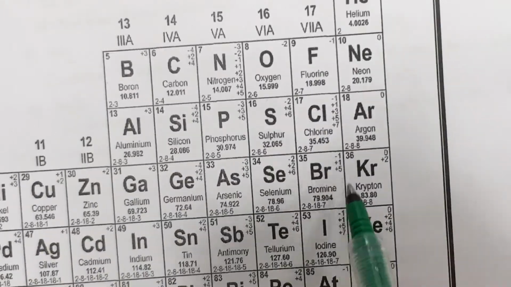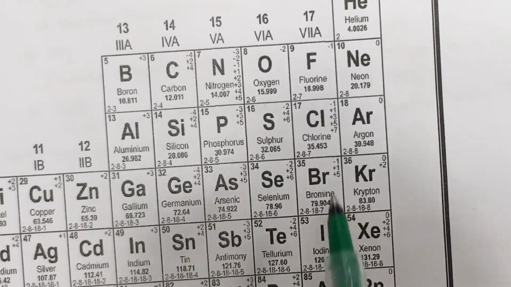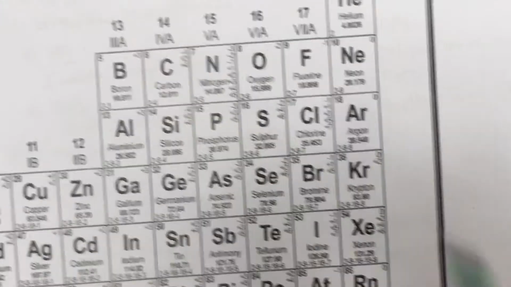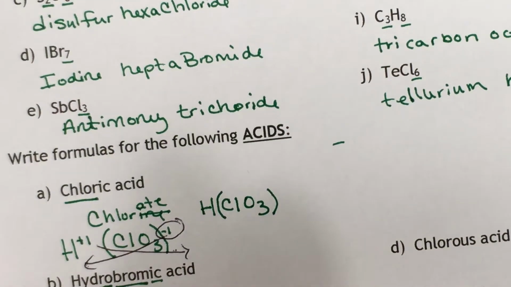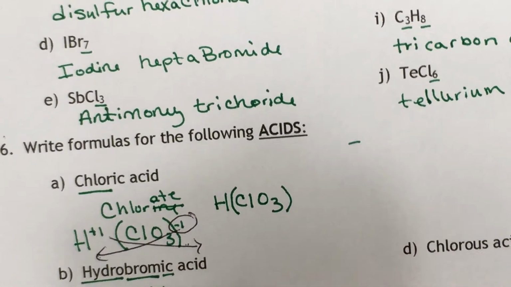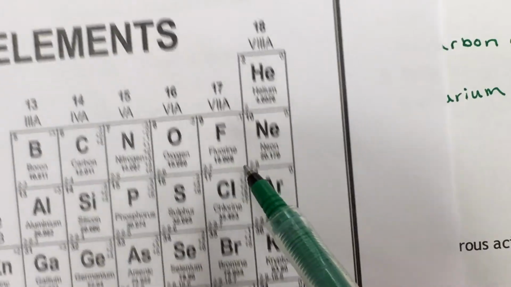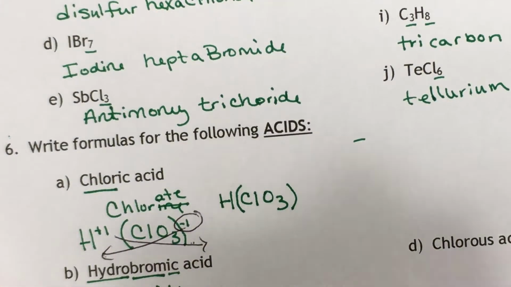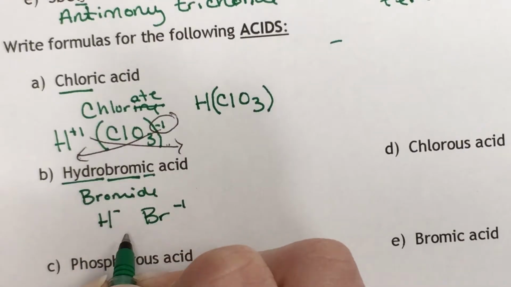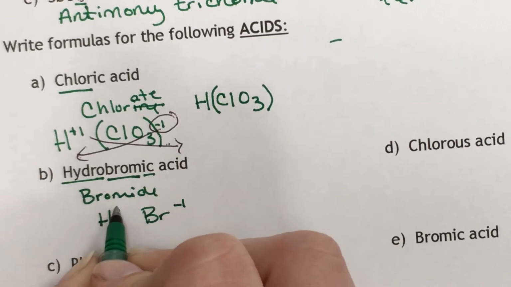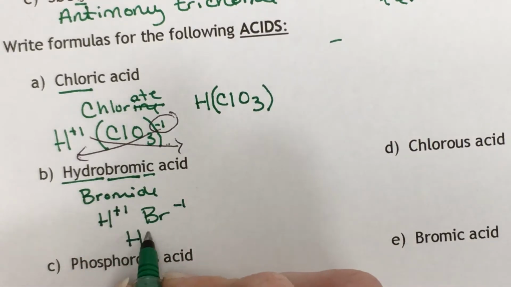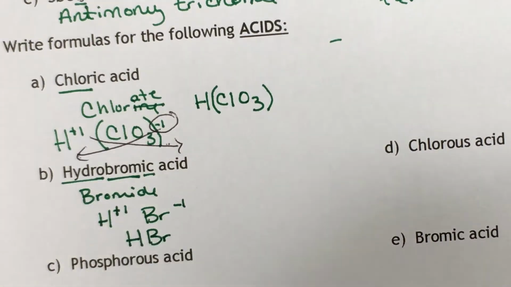Remember, the elements end in ide, the anions do. So we were just dealing with Br. Br is in group 17. Group 17 all have a -1 charge. So Br -1. The first of any acid always has a hydrogen. They're a 1-to-1 ratio, so the formula is literally HBr.